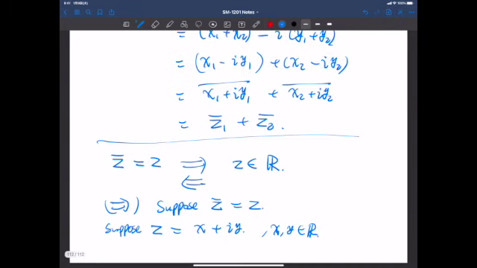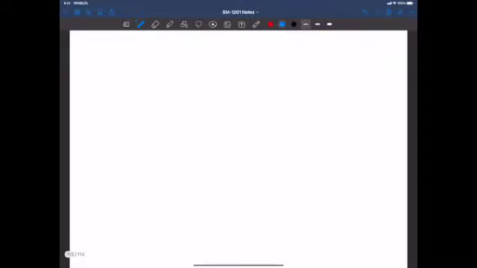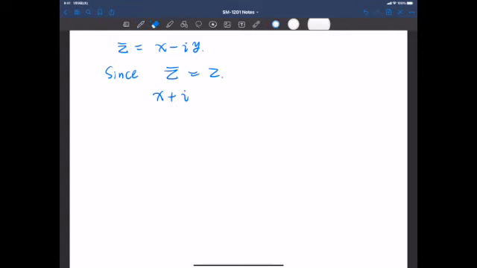Then z bar is x minus iy. Since z bar is equal to z by assumption, we have x minus iy is equal to x plus iy.